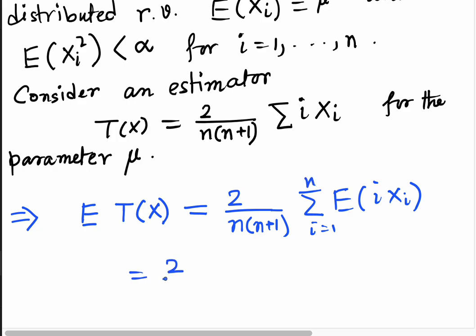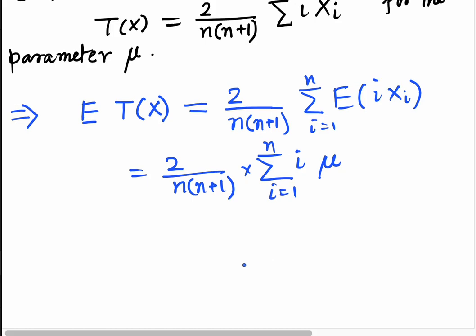The expectation of Xi for every i is mu, so I simply write mu.